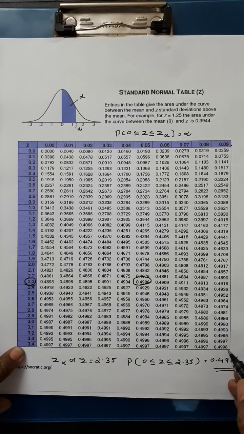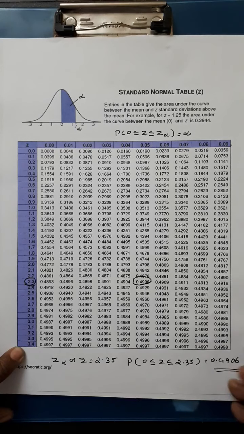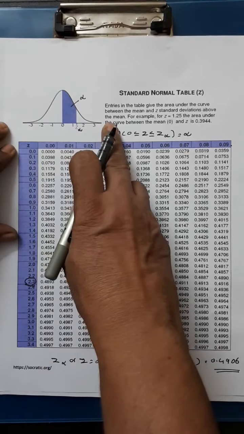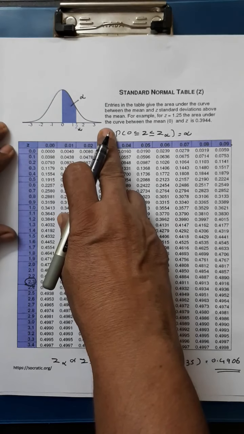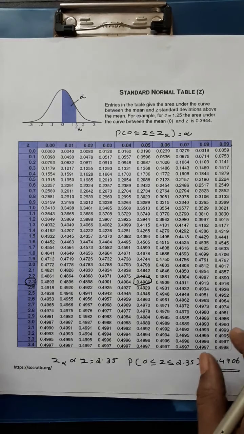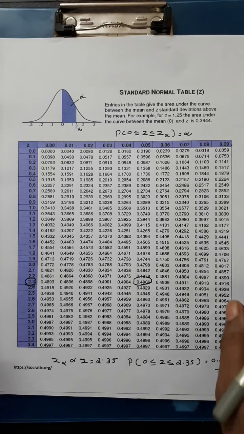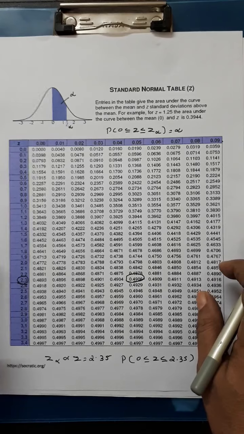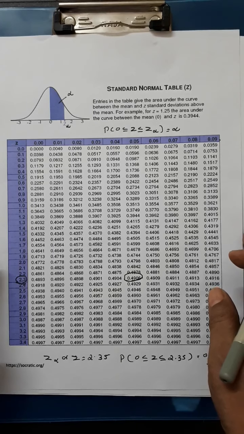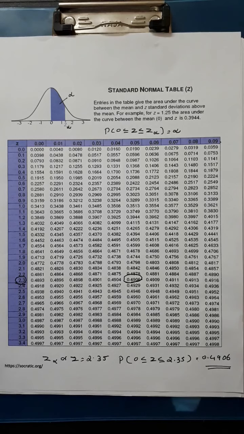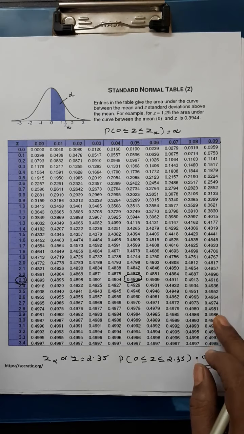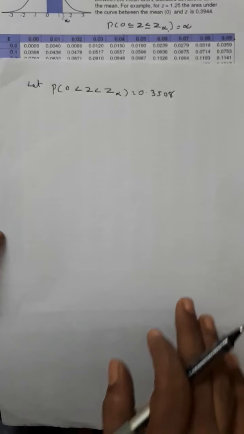That is nearly 0.5, or almost 50% coverage as the shaded region. So we use this standard normal table for solving problems from the normal distribution, after proper standardizing using its mean and standard deviation.